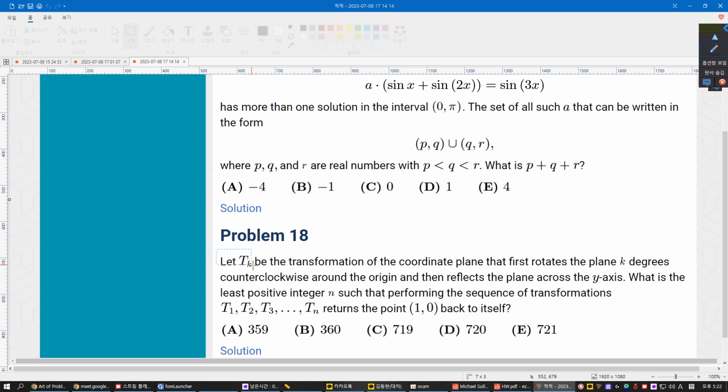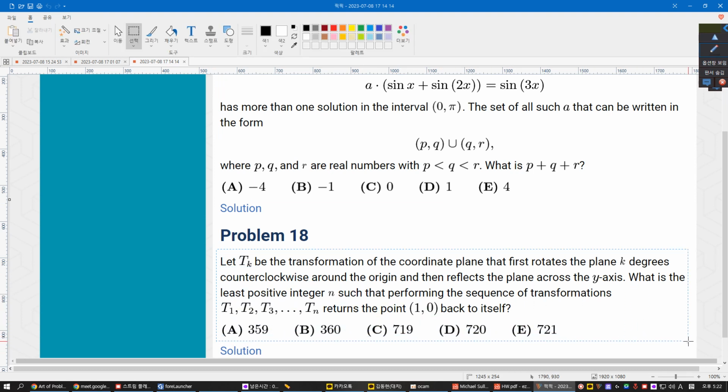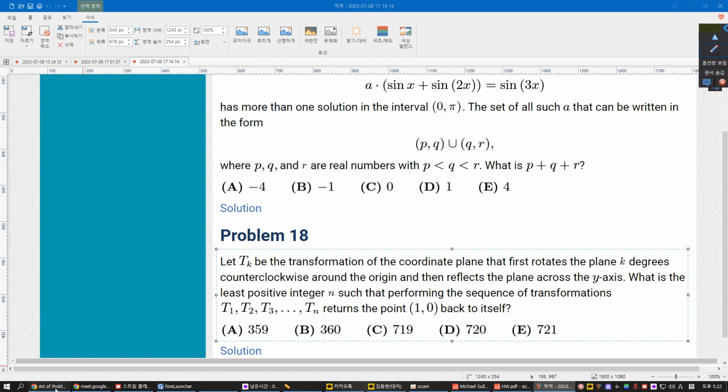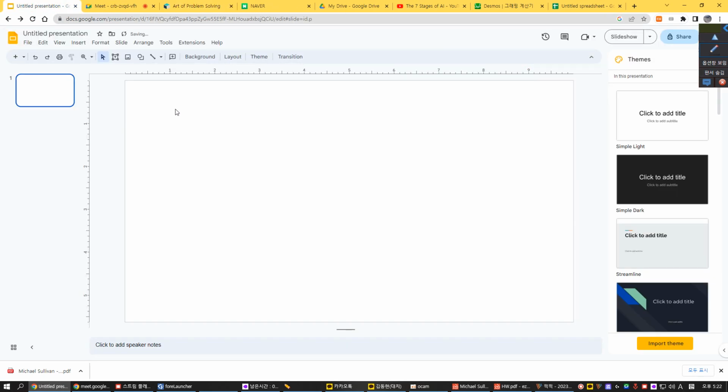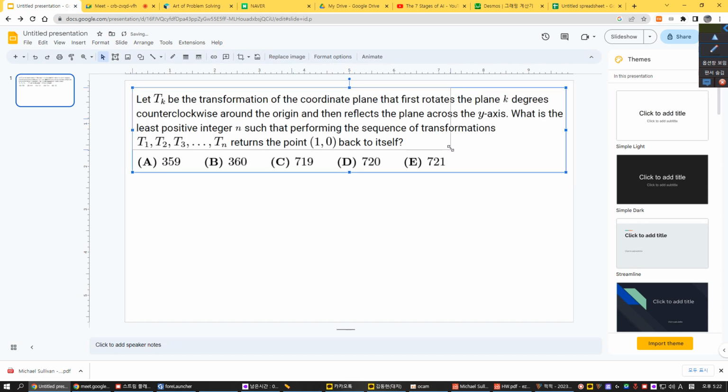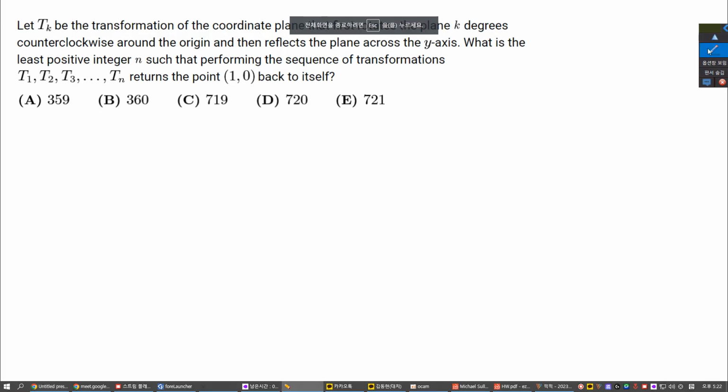Yeah, let's look at number 18. So for T1, from the 1 and 0, we are making the 1 degree counterclockwise rotation and then reflect it across the y-axis.